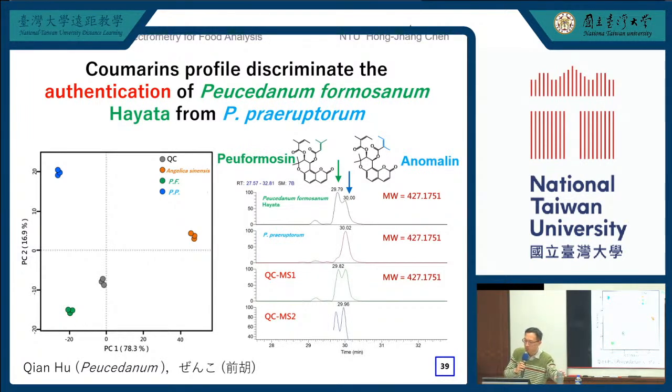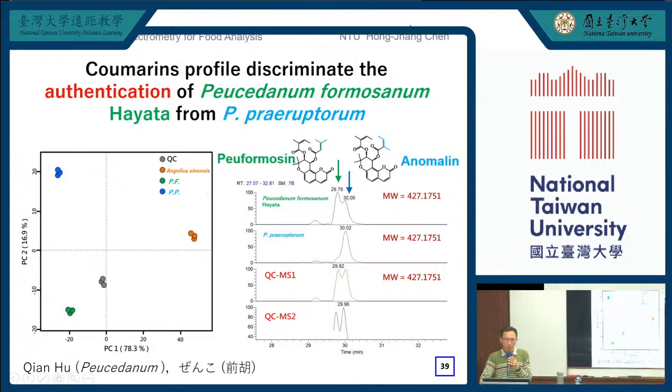And finally, we found interesting data. So they have two types of qianhu, right? They have a difference in the isobaric compound. It's an isomer. So for MS, they also detect the 427, okay, the same molecular weight.